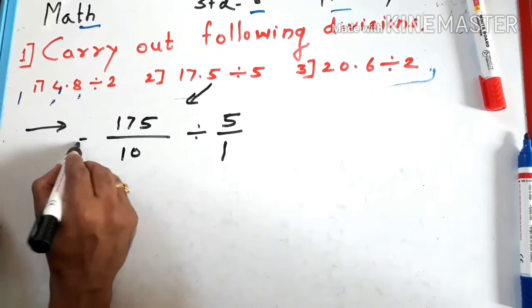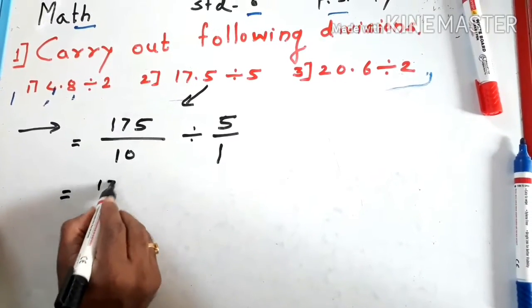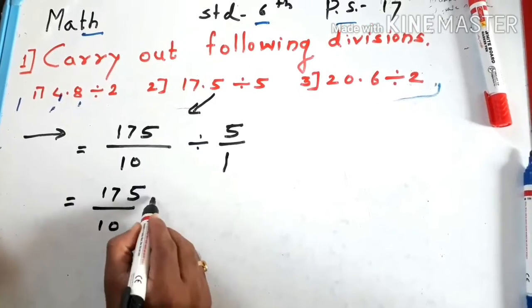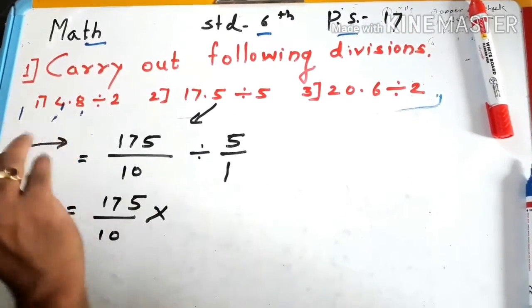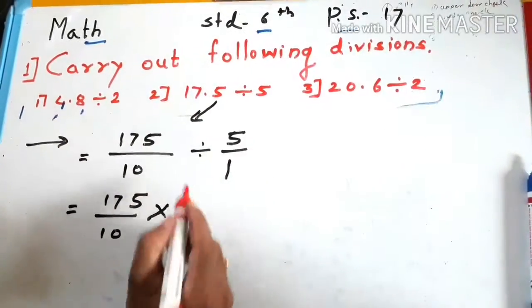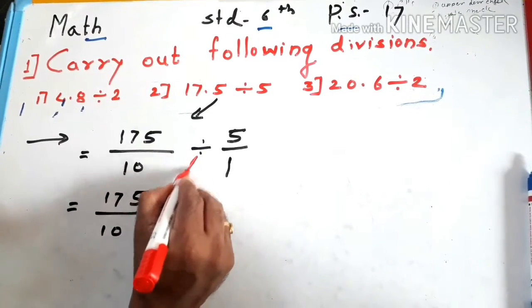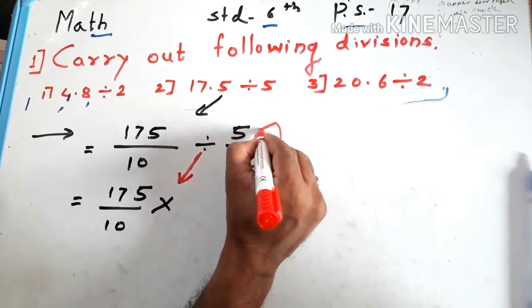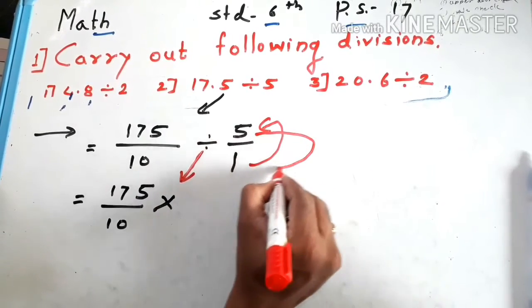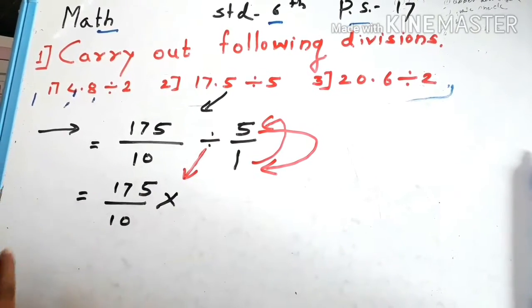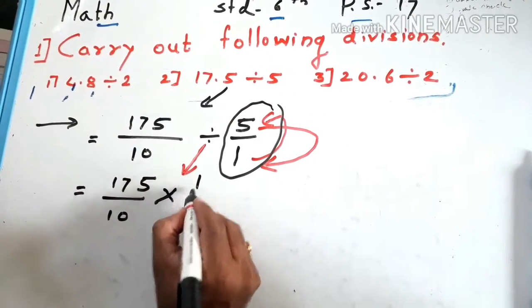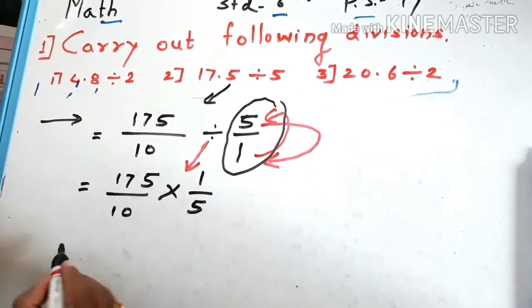But this is converted into this again: 175 by 10, when the sign is converted into multiplied by, this denominator goes upward and this numerator goes downward once again. That is called the reciprocal of this thing. So it is 1 by 5 when this is changed.